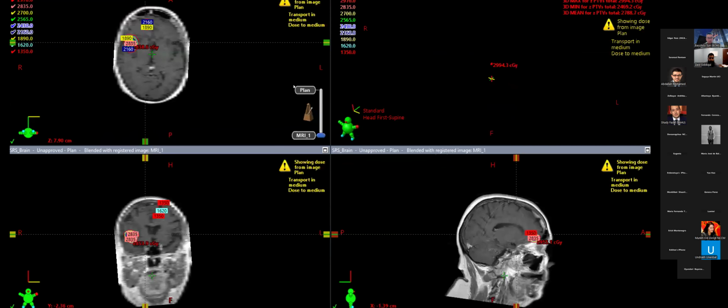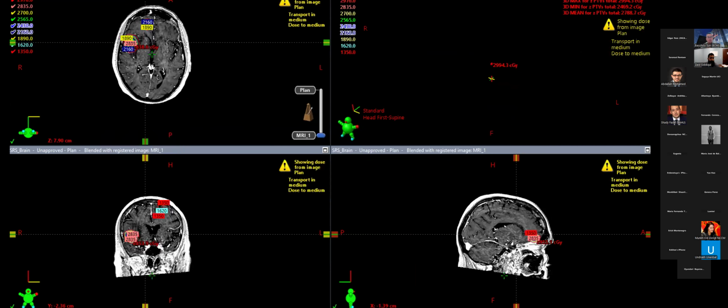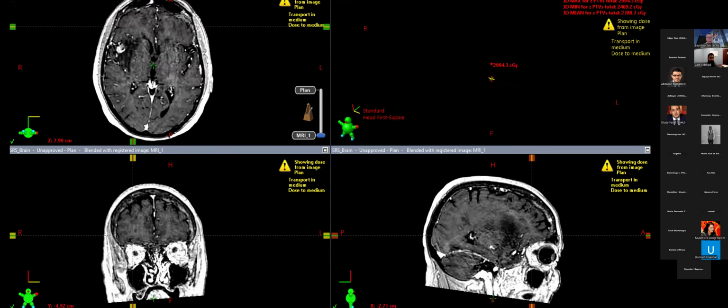So here I'm going to show the MRI registration. Again, this is the non-high resolution MRI, and then we have the high resolution MRI. I'm going to turn the dose off for now just to show how these tumors look on the MRI.